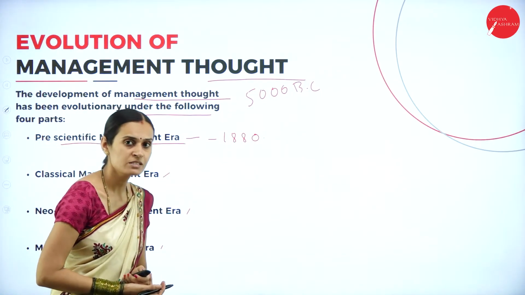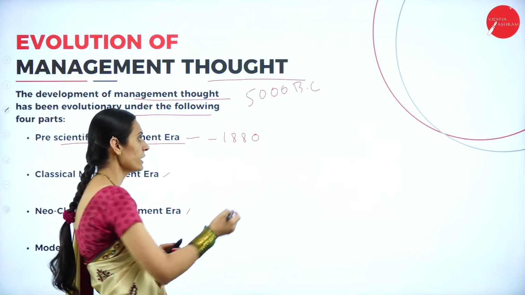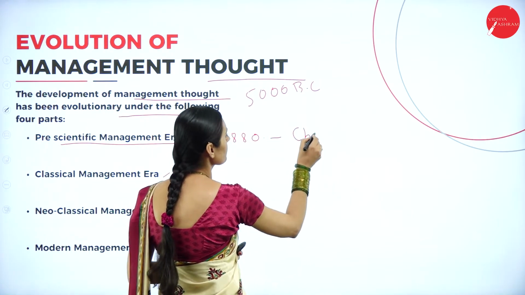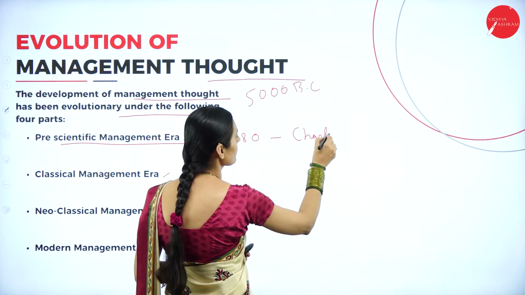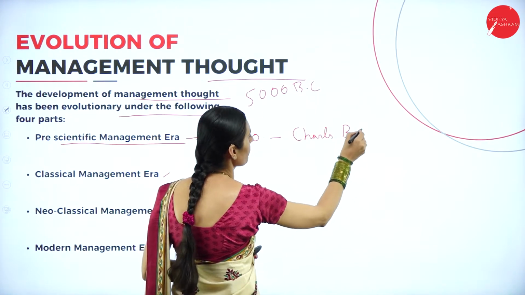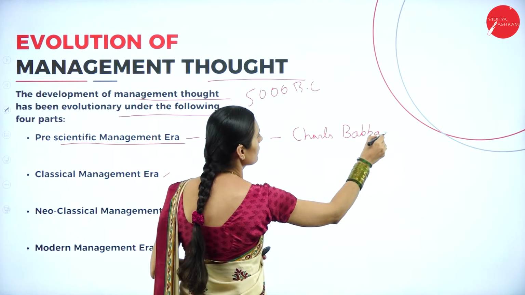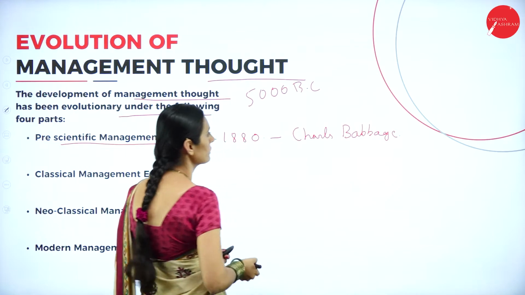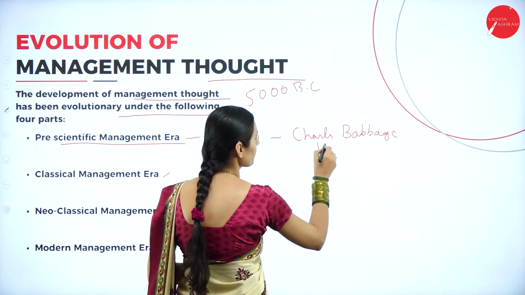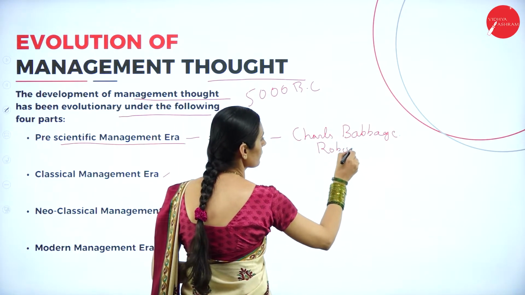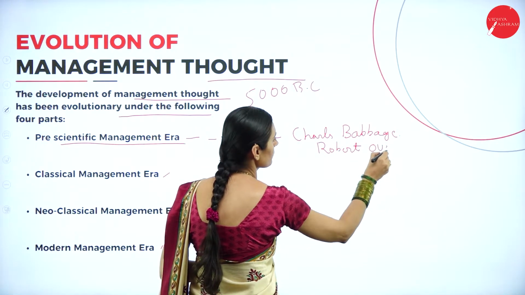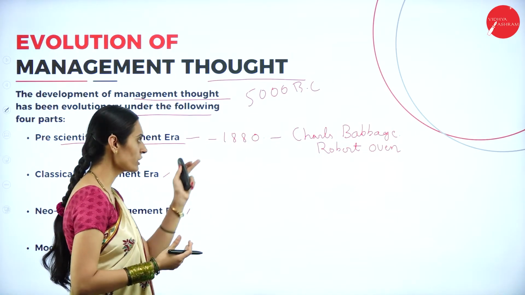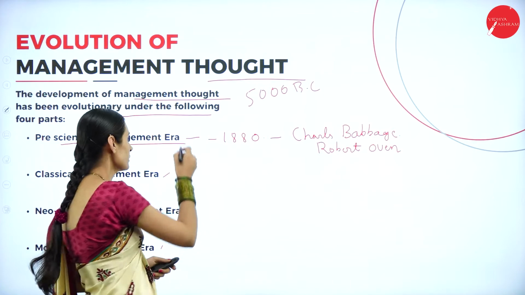And one of the best thinkers and writers was Charles Babbage and Robert Owen. Two important thinkers contributed to this era.